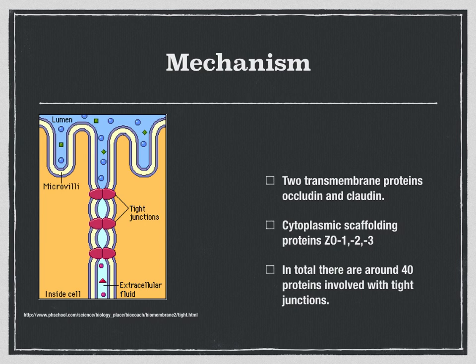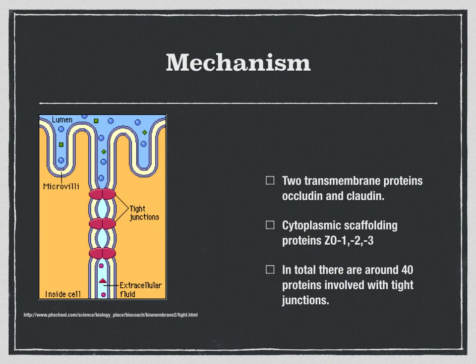The way they connect the two cells is that the sealing strands bind to similar adjacent cell proteins, and when they bind together, they close that space between the plasma membranes.